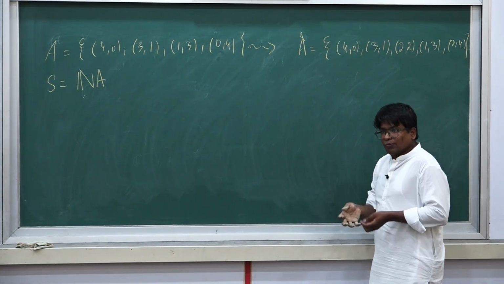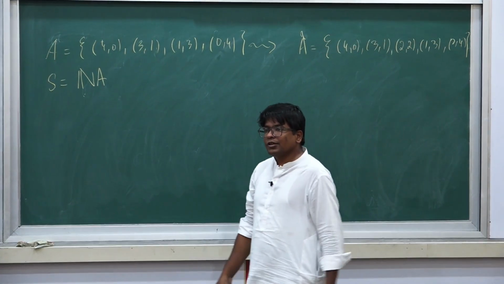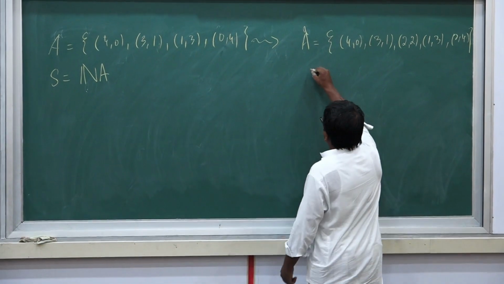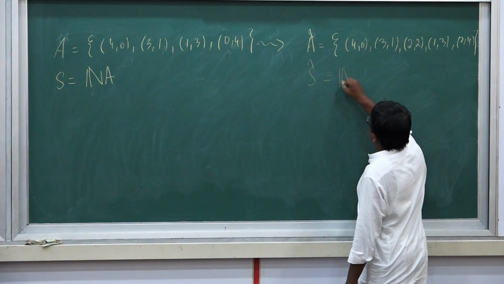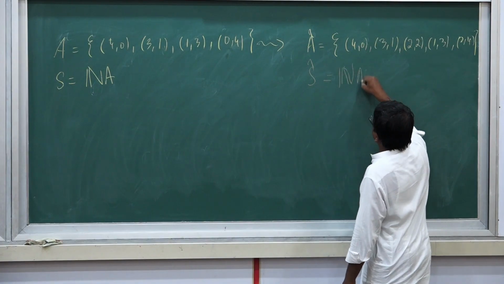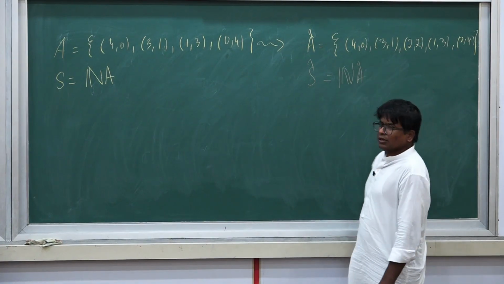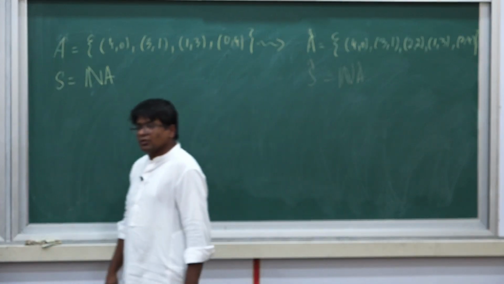So the point which was missing I just added there. And now S tilde, which is N of A tilde, is actually saturated.